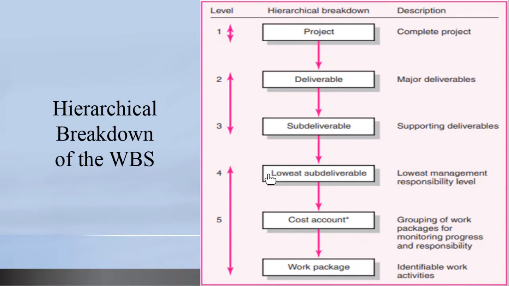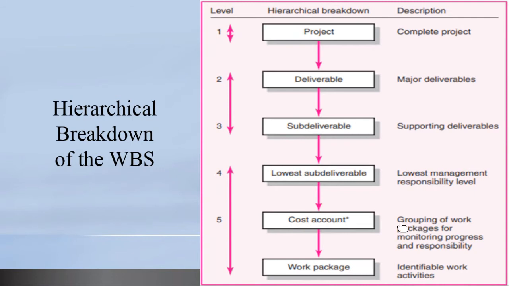So you further break them down into what are referred to as your lowest deliverables, and that is your level 4. You may still have a whole heap of activities for you to deliver one of your lowest sub-deliverables. So you still break it down further into what are called cost accounts.